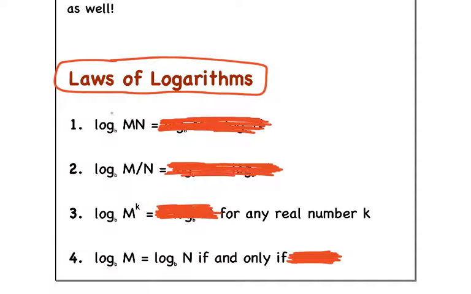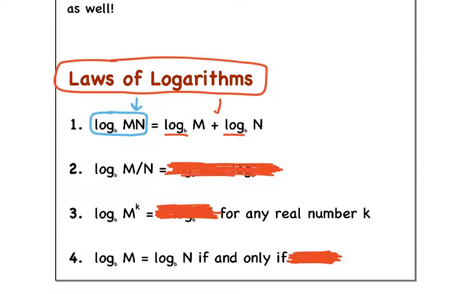If I have one log of a product, one log of multiplication, that splits into two logs being added. You take each one apart: log of one term plus log of the other term. One log splits into two logs.